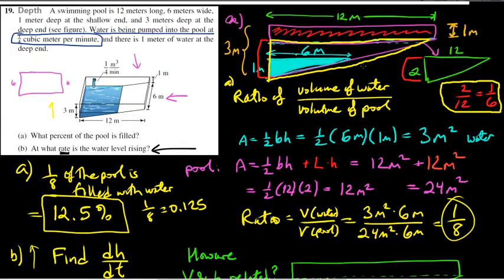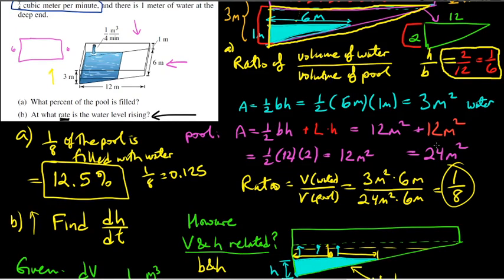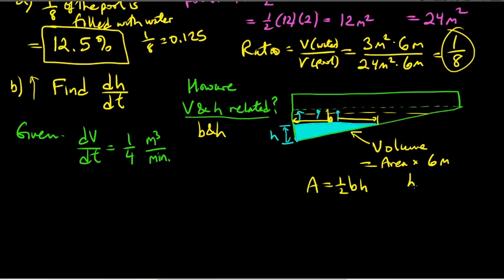So the height over the base, which we can also call the length, h over b, is just 2 over 12, or 1 over 6. So h divided by b is just 1 over 6. Multiply by b, and you get h is b over 6. And we can solve for b by multiplying by 6. So b is just 6 times h.